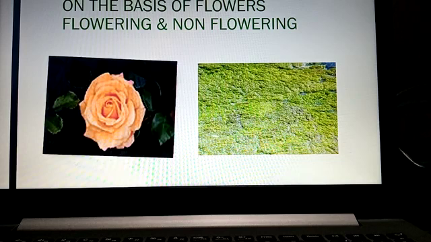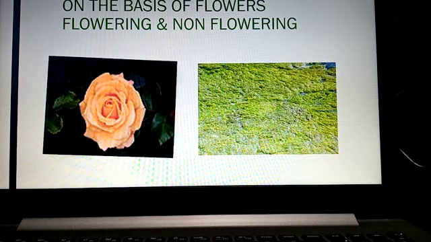Here you can see the picture, this is nothing but algae. Then even mosses, ferns, mushrooms, etc. Even some ornamental plants do not have flowers. You can see the leaves are very beautiful, but they do not bear flowers. So those are all examples of non-flowering plants. This is the third classification, children.